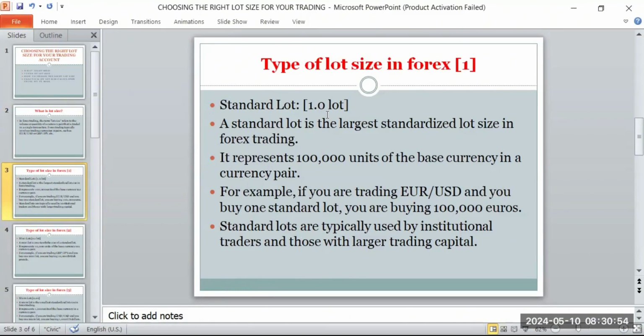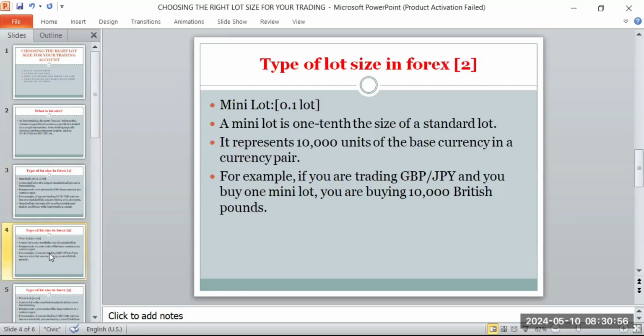So guys, the next type of lot size that we have is the mini lot, and it's also known as 0.1 lot, okay? A mini lot is 1/10 the size of the standard lot. Let's say, for instance, if you have 10 mini lots in one place, then it's equal to one standard lot. You can see how big the standard lot is, right?